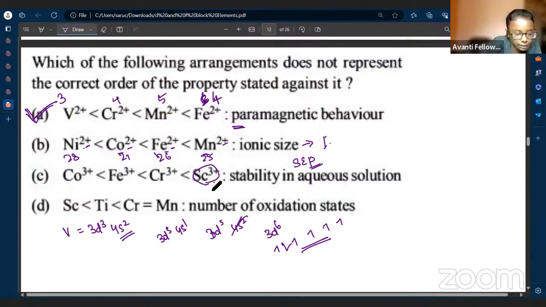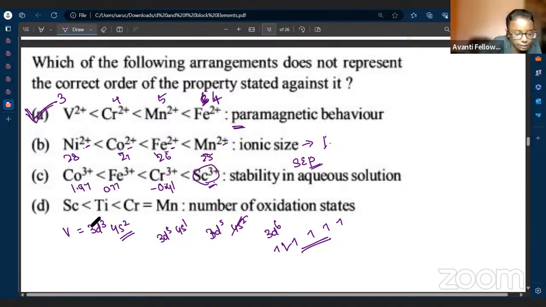Then comes chromium 3+. When you compare chromium 3+ to chromium 2+, the potential is minus 0.41, 0.77 and 1.97. So this is the correct order.